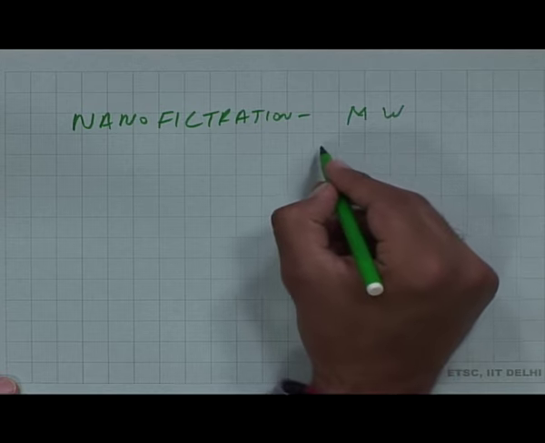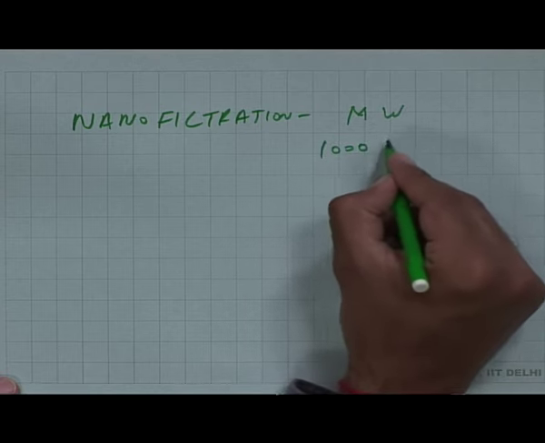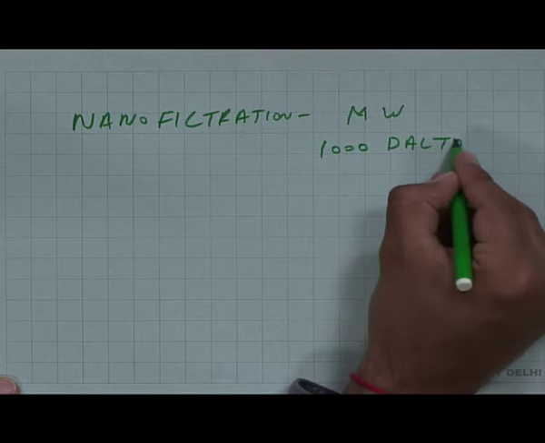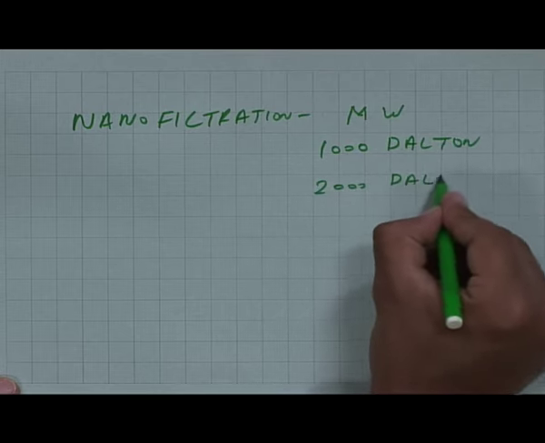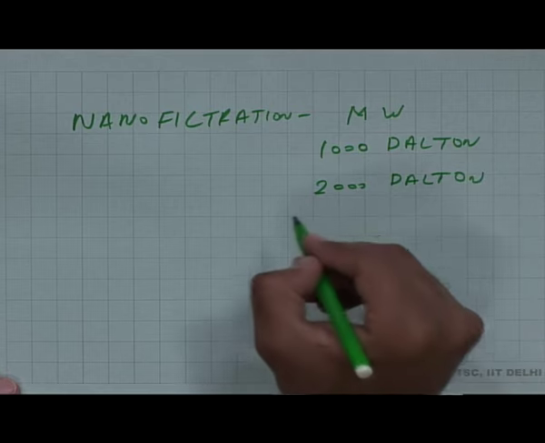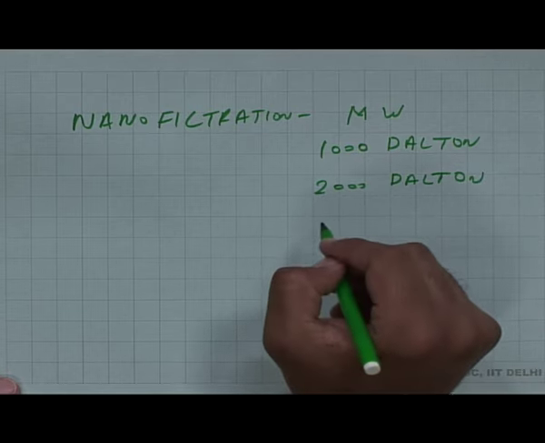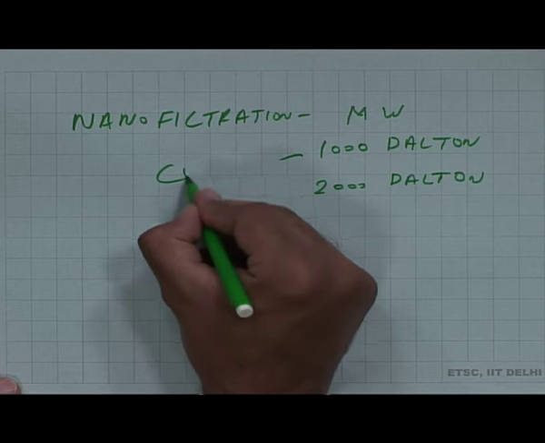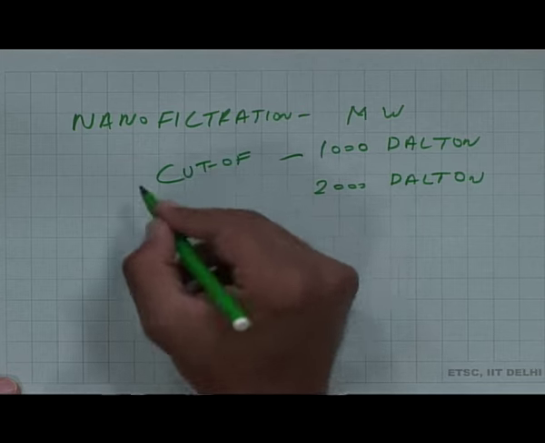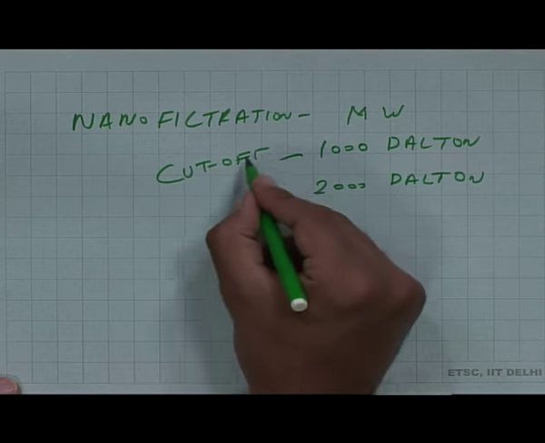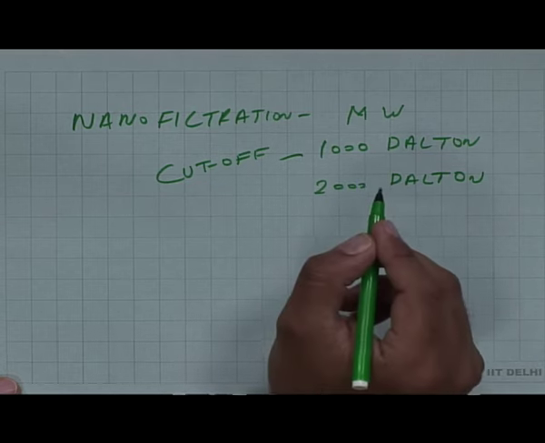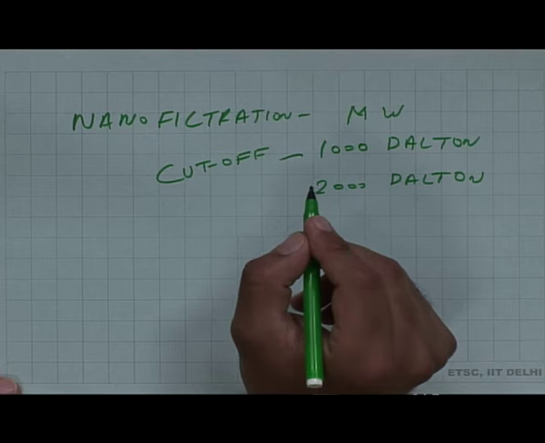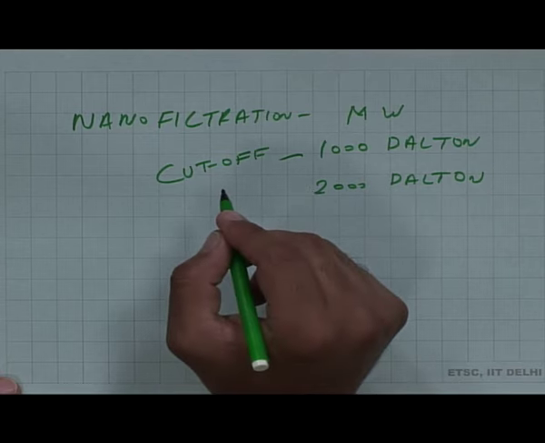So, we talk about 1000 Dalton or 2000 Dalton. So, what we talk about is nanofiltration with a cutoff value of 1000 Dalton. That means, if 1000 Dalton is the cutoff of a nanofiltration membrane, any molecule which is smaller than 1000 Dalton will pass through, while a molecule bigger than 1000 Dalton will not pass through.